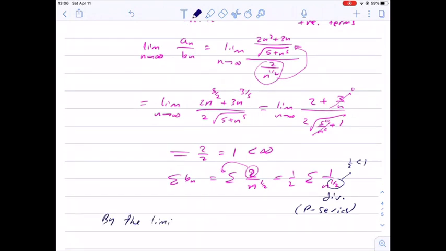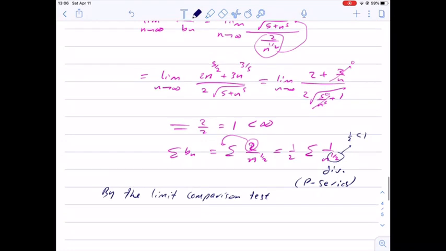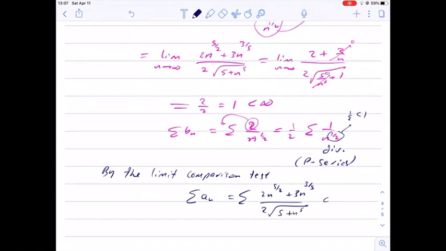By the limit comparison test, our series a sub n, which is 2n to 5/2 plus 3n to 3/2 over 2 square root 5 plus n to the fifth, is divergent.